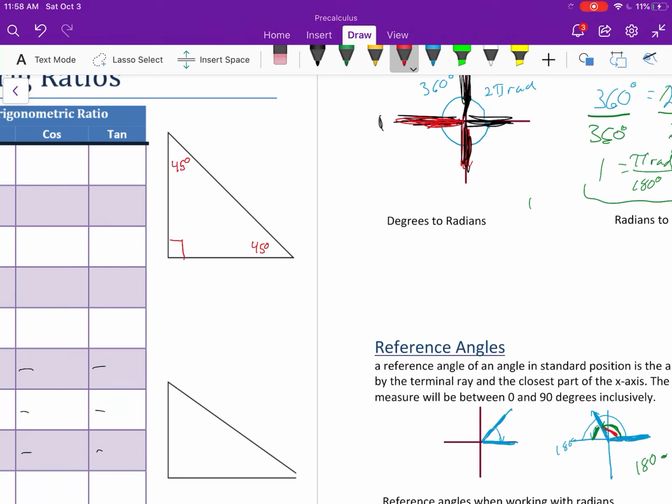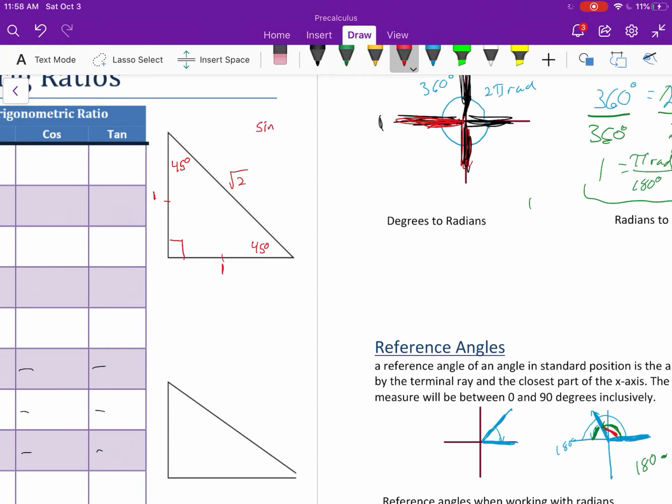We can use the Pythagorean theorem to help us. If we called both of these legs 1, we could solve and know that the hypotenuse is the square root of 2. These two are both the same because it's a right isosceles triangle.